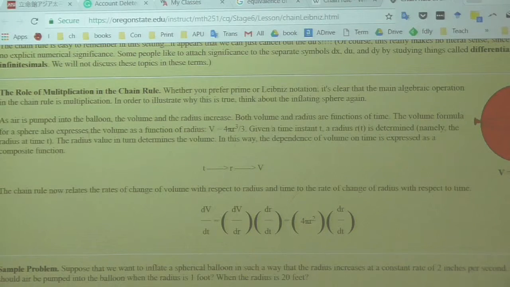The volume formula for a sphere also expresses the volume as a function of the radius. So we know that volume is equal to this. But on the other hand, r is a function of t. So we have volume as a function of r, but r is a function of t.